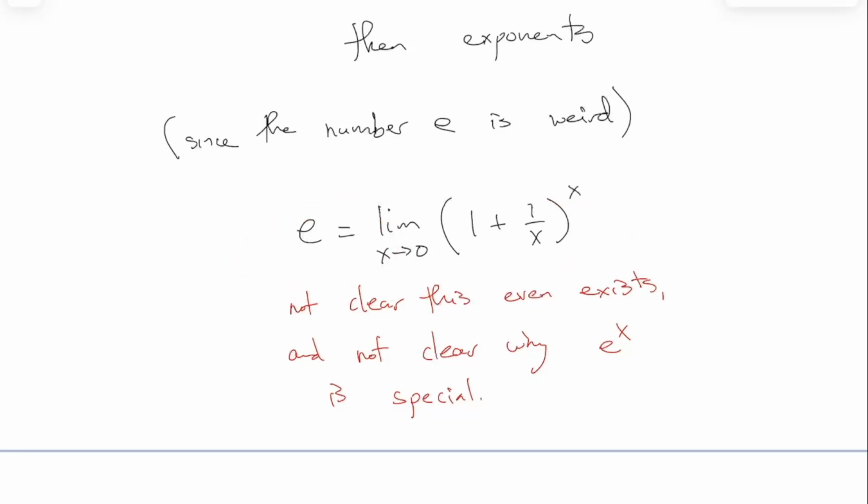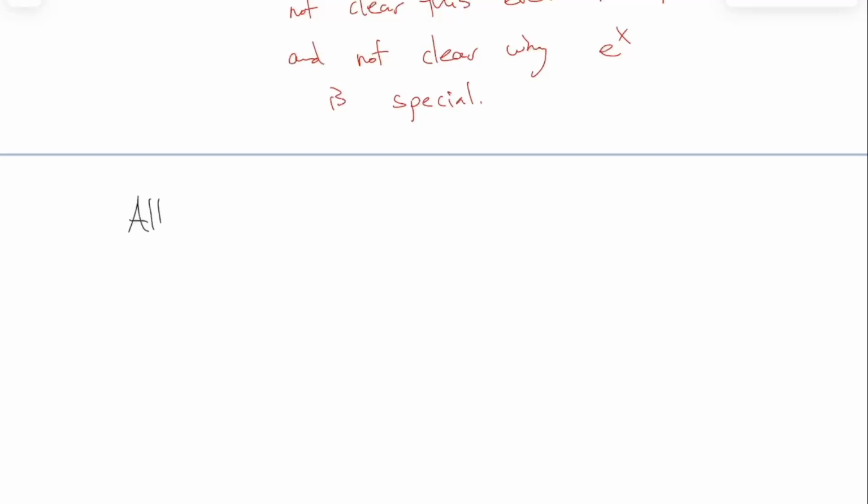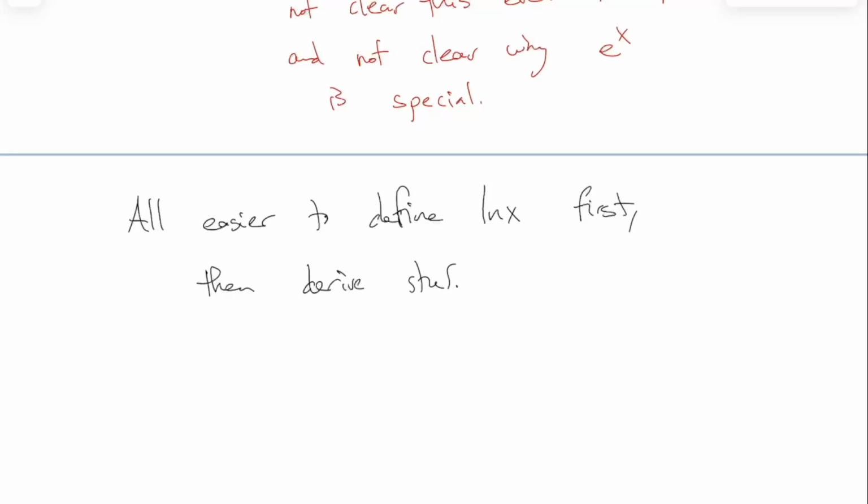All right, so it turns out, from an abstract point of view, it's easier to define ln of x first, and then derive stuff about e to the x.